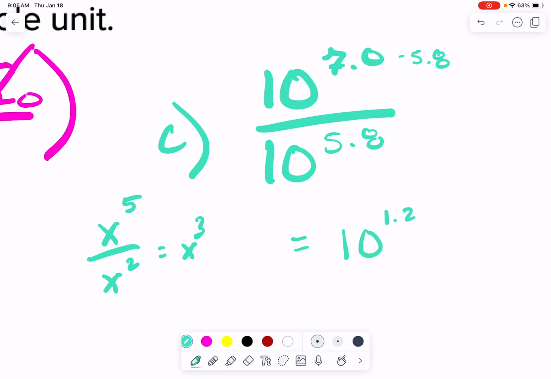So it's not that it's 1.2 times more intense. That means it's 10 to the 1.2 power. If you type 10 to the 1.2 power in your calculator, you get something close to 16. So that means a 7.0 on a Richter scale is 16 times more intense than a 5.8. Not 1.2 times more intense, 10 to the 1.2, which is 16 times more intense, okay?